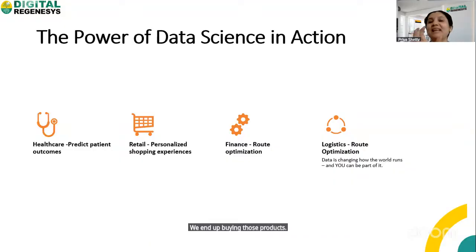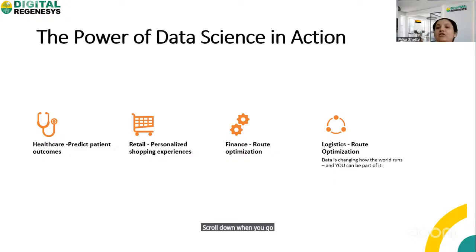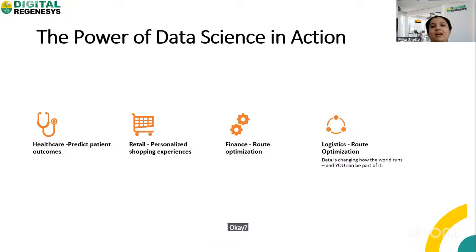Now, with the same technique, data science is helping the application do the job. If you ever observe, or if not, you can go and check. If you're working with Amazon, go and put any product in and start buying it. Scroll down when you go to buy it. There is a section where it will say you can buy this, recommended for you, and you end up looking at those products.